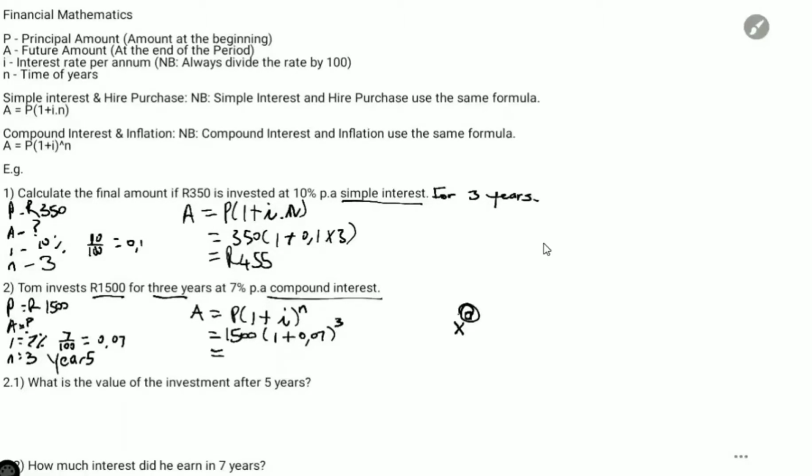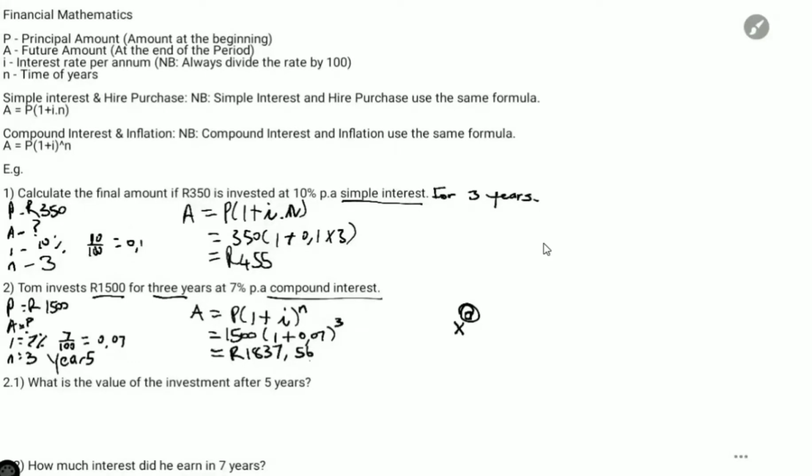As it flickers, please put in the 3, and then you're going to get your total amount, which is 1,837.56. That'll be the rounded off answer.